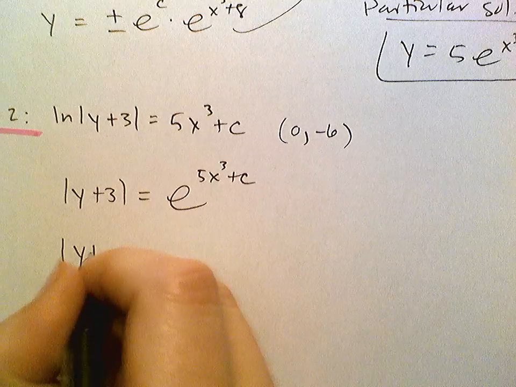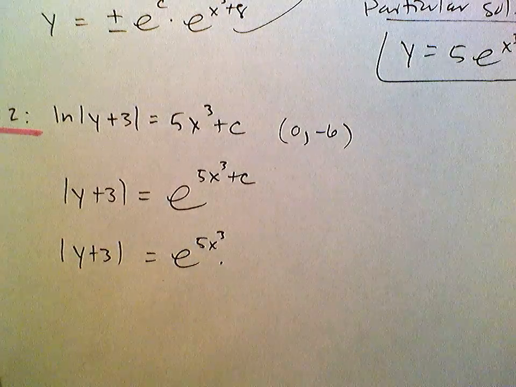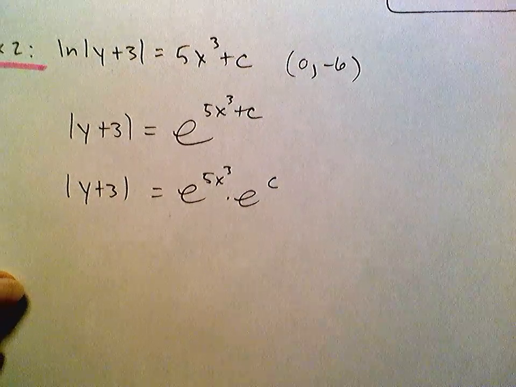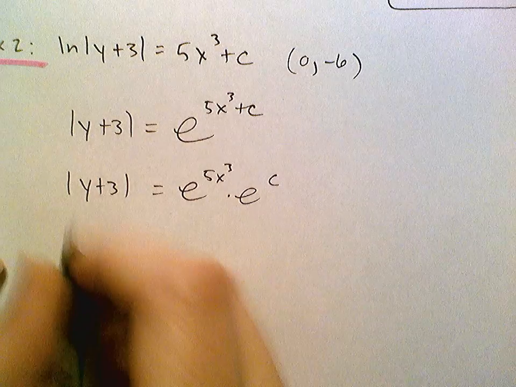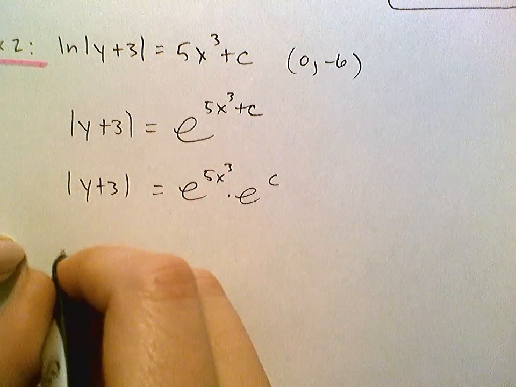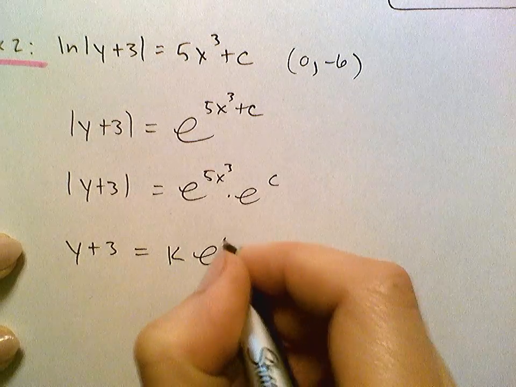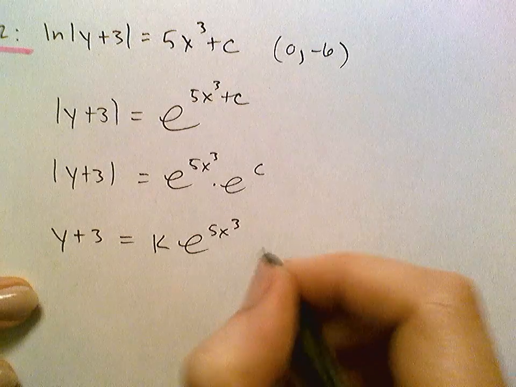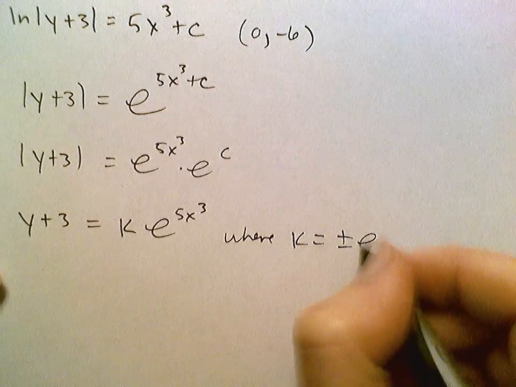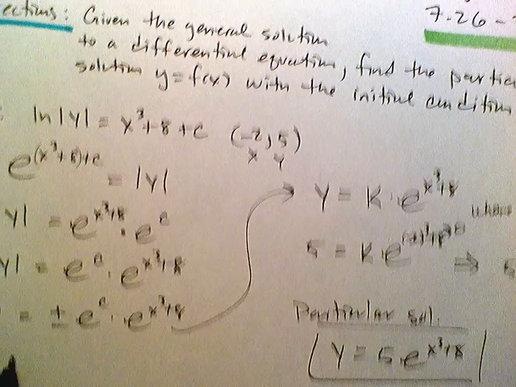So we've got the absolute value of y plus 3 equals e to the 5x to the third times e to the c. Then I'm going to go a little bit faster and drop the absolute values: k e to the 5x to the third. Then I have to tell my reader what k is, where k is equal to plus or minus e to the c.